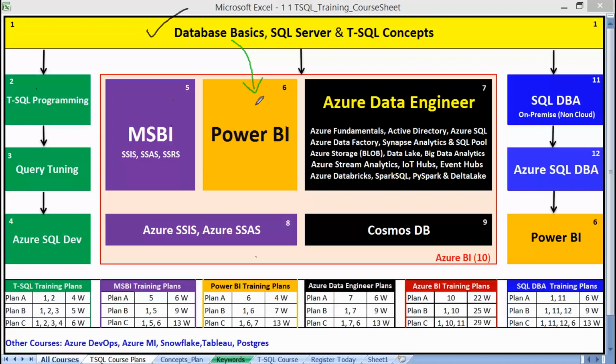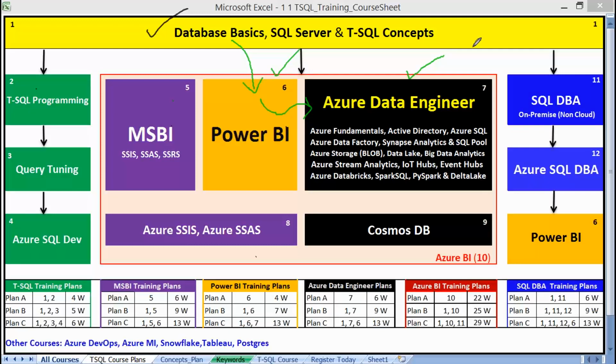Say Visualization Studio, a good list of visualizations and reporting activities. And from Power BI, as you gain experience, you can opt for data engineer. Out of all these boxes, 6 and 7 are doing very good in the market right now.